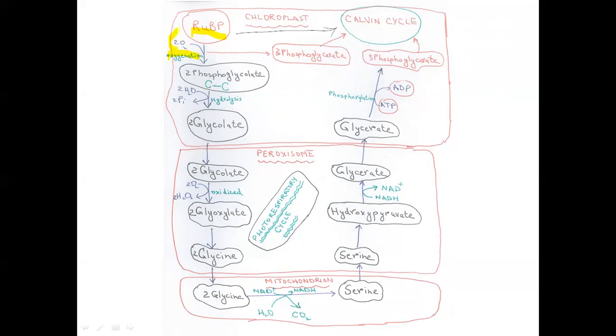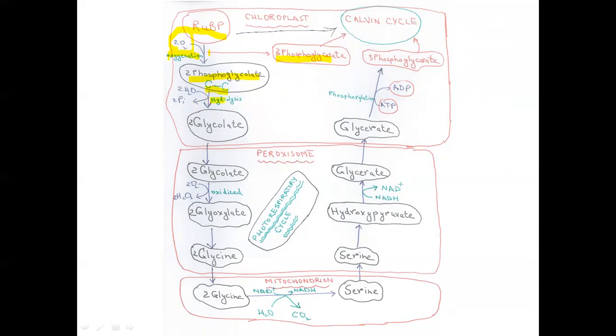It takes oxygen instead of carbon dioxide and releases 3-phosphoglycerate compound, and another compound, 2 molecules of phosphoglycolate, and this compound has only 2 carbons, so that's why it is known as C2 cycle also.